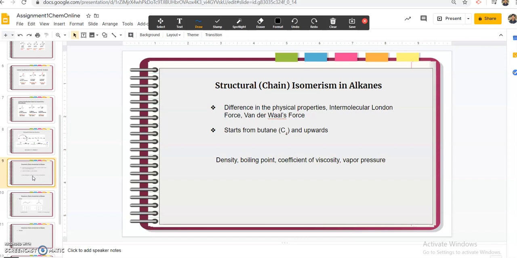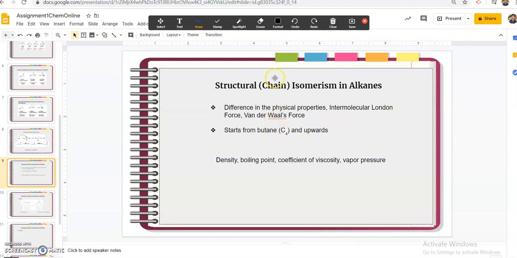You can have a linear or branched alkane with the same number of carbon atoms, and that starts from C4 onwards. Until C3, until propane, chain isomerism is not possible because you can't branch methane, ethane or propane. But once you go to butane, you can either have a linear molecule with 4 carbons or a branched molecule, and the possibilities increase as you increase the number of carbons in the chain.